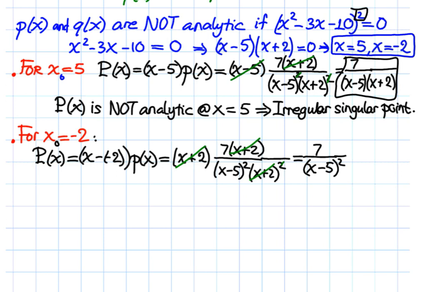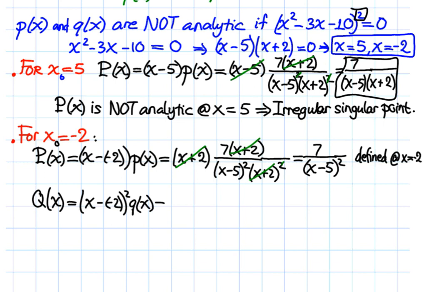So we see that this is defined at x equal to negative 2. So it is analytic. And because of that, we have to go further and find Q of x. So we do that.